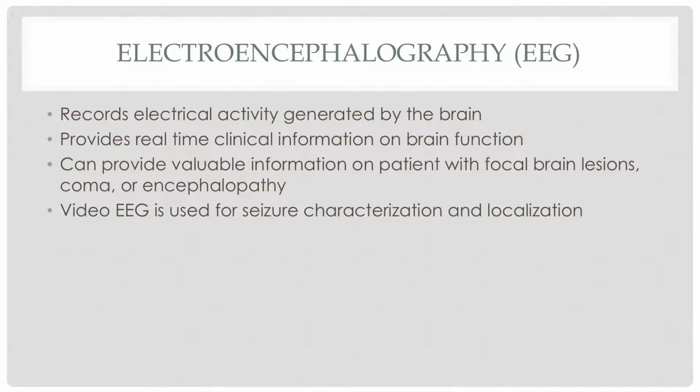With EEG, we can determine the level of coma in a patient, whether they are in light coma or in deep coma. It's an important tool that we use in the ICU to help the intensivists manage the patient.